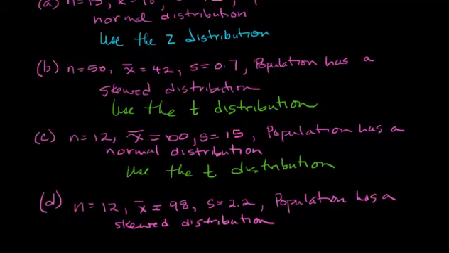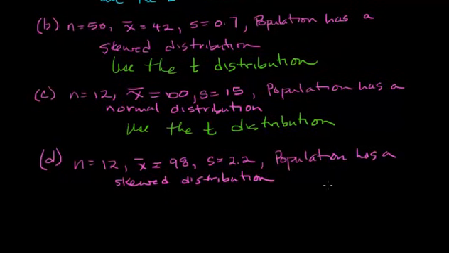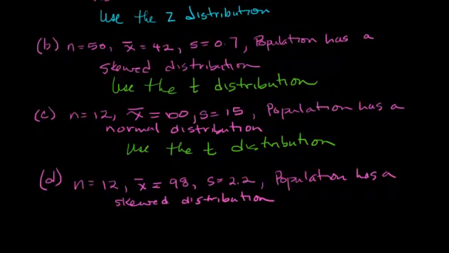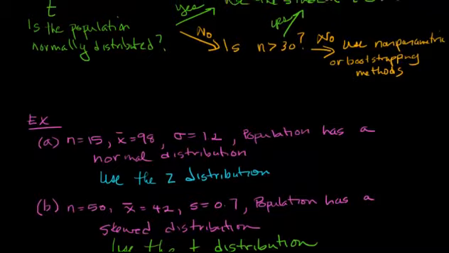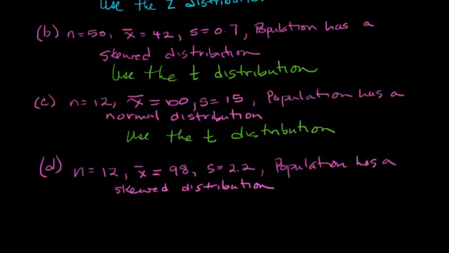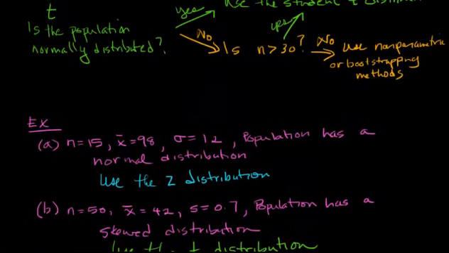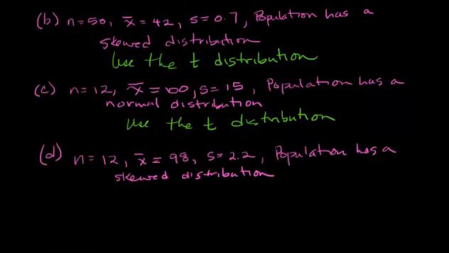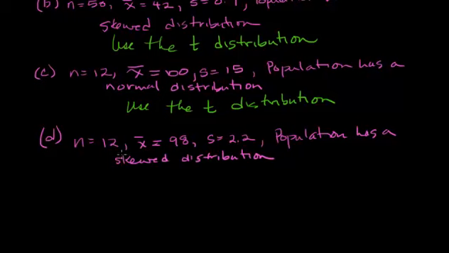Do we have the population standard deviation sigma? No, we do not. That puts us on the t path. Is the population normally distributed? No, it isn't. It says it has a skewed distribution. Okay. Well, then is n greater than 30? No, n is 12. That is not greater than 30. So neither z nor t methods apply.